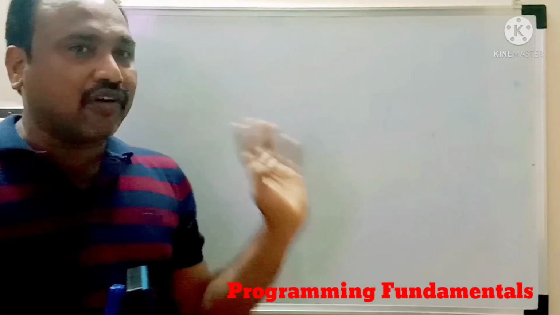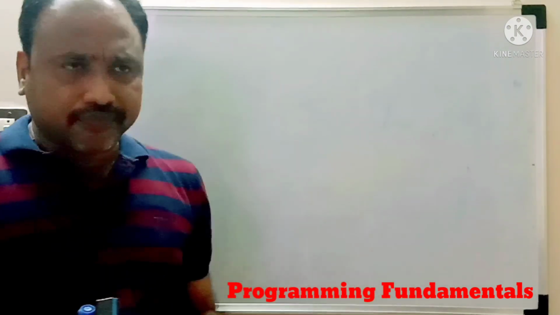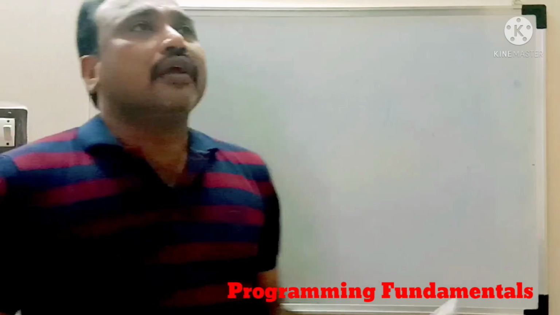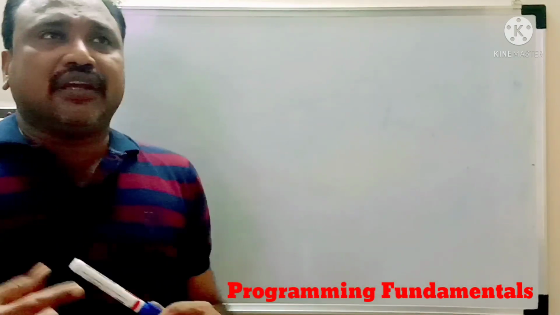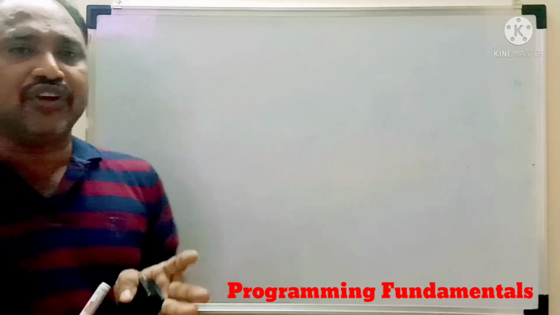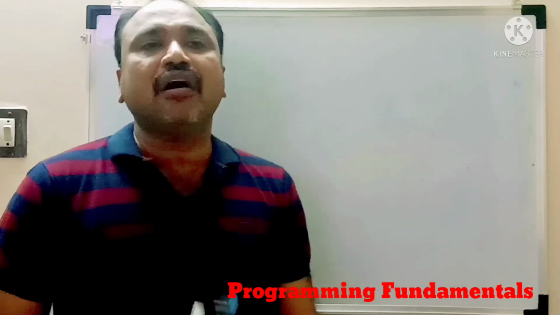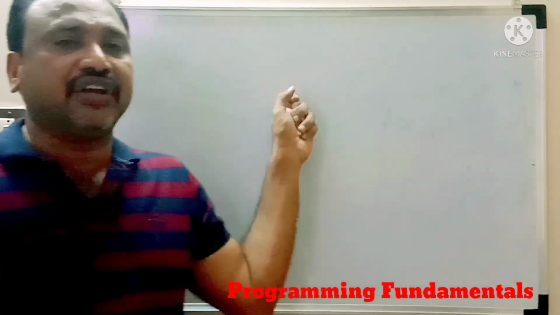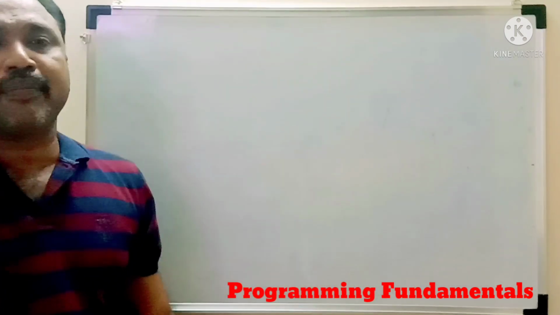Again, I am going to conclude this. Input and output statements are used to accept data and to display data. Input and output statements are classified into two categories, formatted and unformatted IO. The examples of formatted IO are printf and scanf.